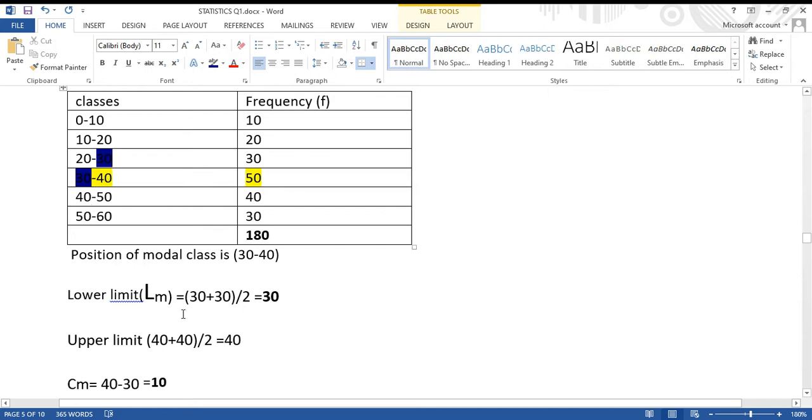Excuse me, sir. I think I'm a bit behind. Yes. The lower limit and the upper limits, you just pick the numbers like that. You just picked 30 and 30, and then on the upper limit you picked 40 and 40. Is there where you pick those numbers?